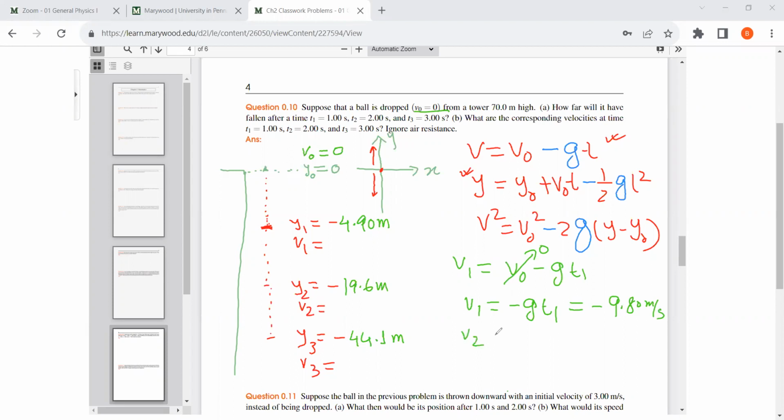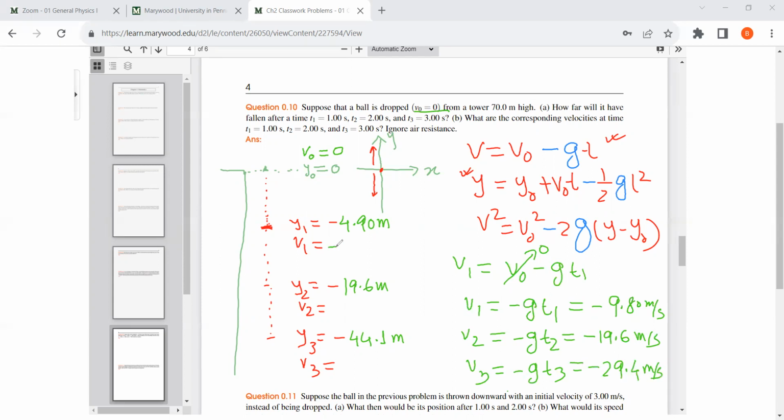Similarly, v2 equal to minus gt2, and when you plug the value of t2 here, you should get something like this, minus 19.6 meter per second. And similarly, v3 equal to minus gt3, and when you plug the value of the gravitational acceleration and t3 equal to 3 seconds, you should get something like this, minus 29.4 meter per second.